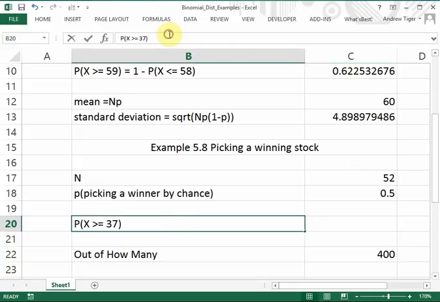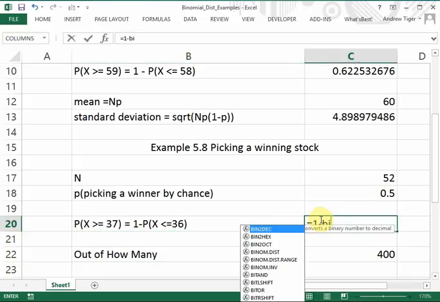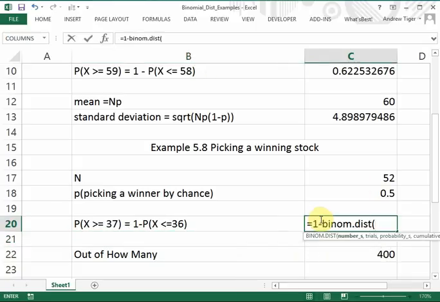By chance, it's just a 50-50, so it would be equal to 1 minus the probability of less than or equal to 36, which equals 1 minus BINOM.DIST 36 out of 52. The probability of success just by chance is 50-50, and I'm looking for a cumulative.